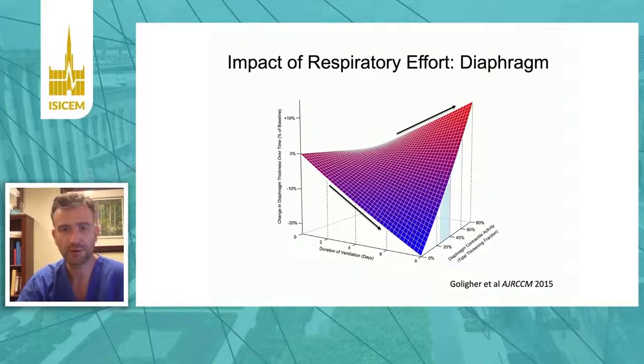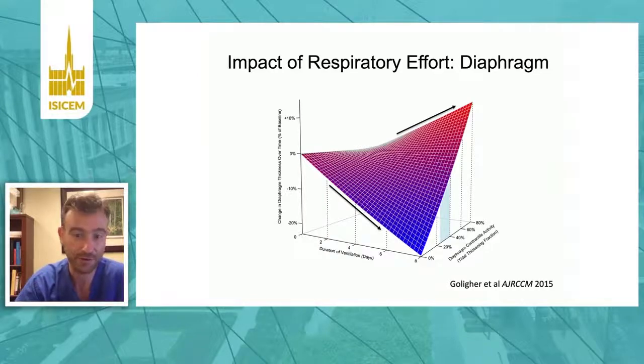For example, the rate of change in diaphragm thickness over time is associated with the level of respiratory effort. This figure shows the change in diaphragm thickness modeled as a function of time on the x-axis, and diaphragm contractile activity measured by ultrasound on the y-axis.